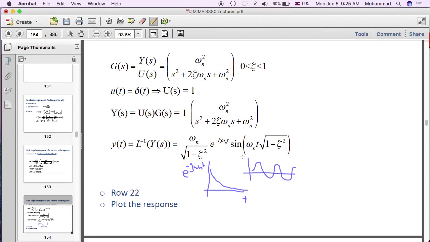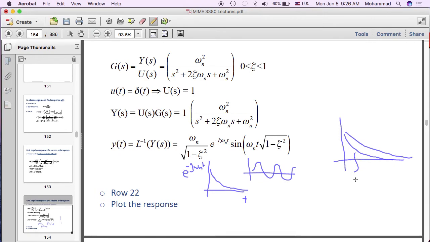Now you should see why, when damping ratio is more, the rate of decay is faster. Why? Because of this. If you have two exponential functions, one looks like this, and the other one is slower.